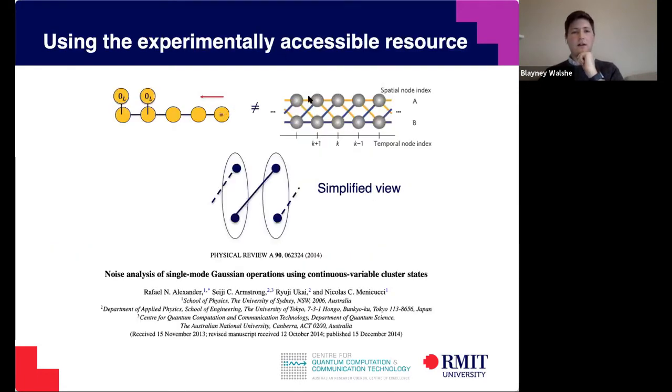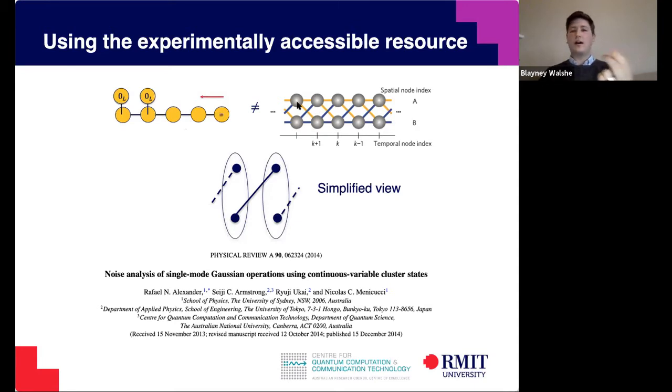But I will make this comparison between the canonical and this experimental cluster state. They are not the same, and I think it's evident just by looking at them. But this paper in 2014 by Ralph and Alexander looked at these cluster states that were being made, and asked how we could use them for the quantum computation that had been defined with this canonical cluster state.